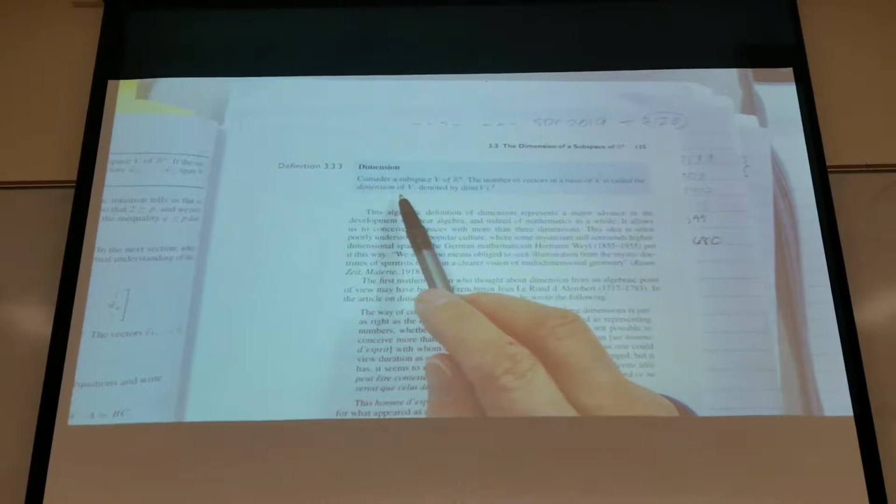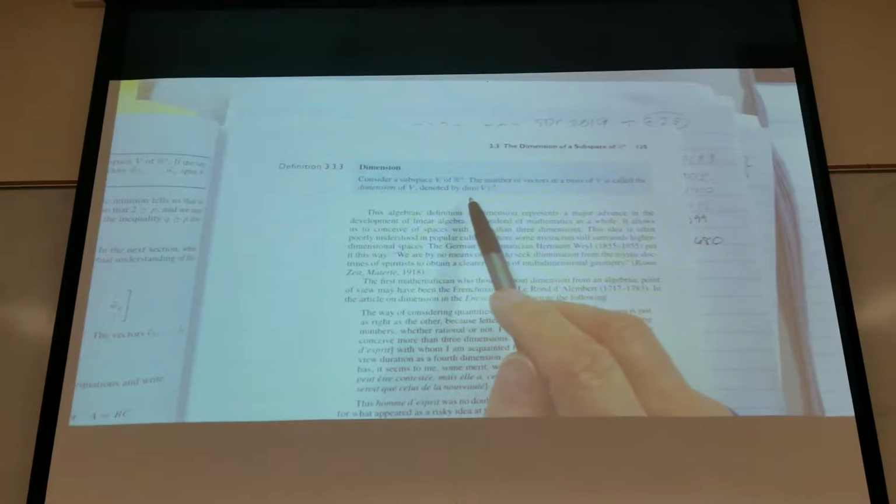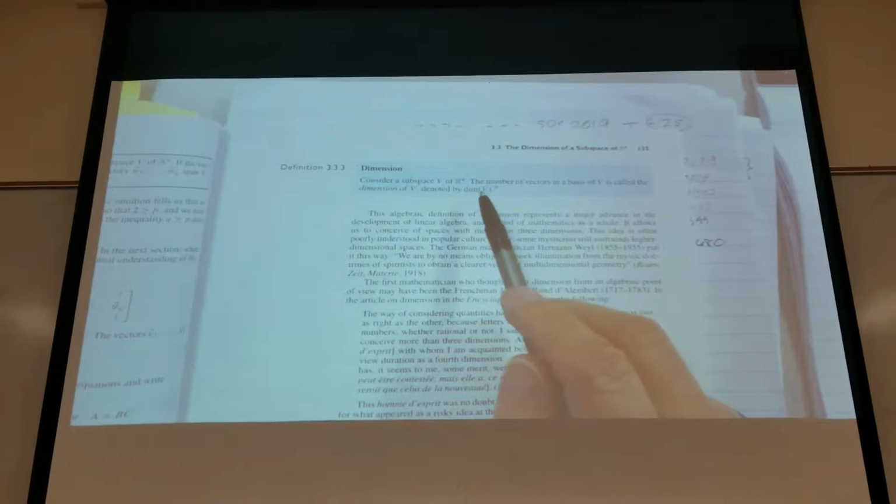The number of vectors in a basis of V is called the dimension of V, using this notation, DIM, parentheses, and V, right? So here, let's go to this sentence. Here, in a basis. So the implication is in any basis. So it doesn't have to be a specific one, just take anyone.